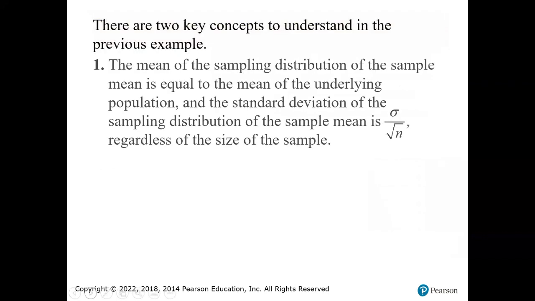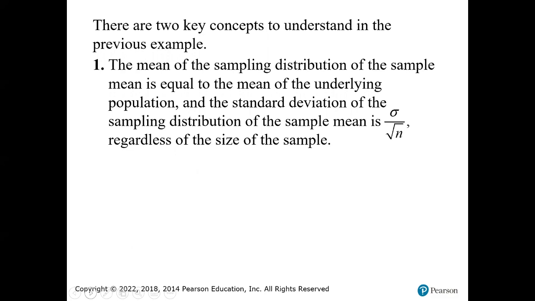What is happening here? The mean of the sampling distribution of the samples was still equal to the population mean. That did not change. The mean of the sample equals the mean of the population. The standard deviation of the sample can still be calculated as the population standard deviation divided by the square root of the sample size.